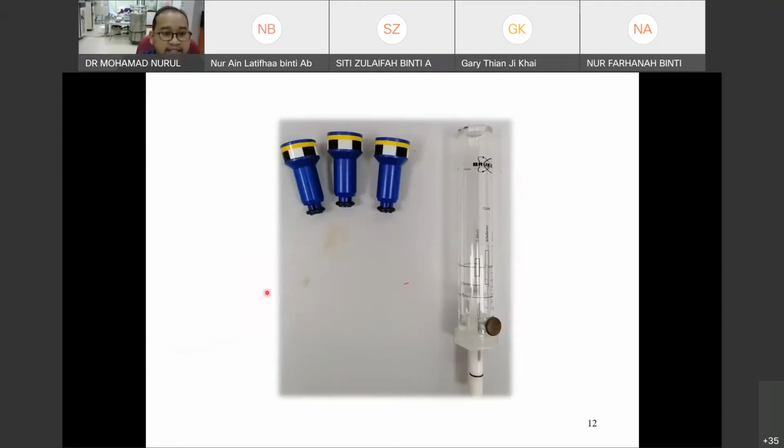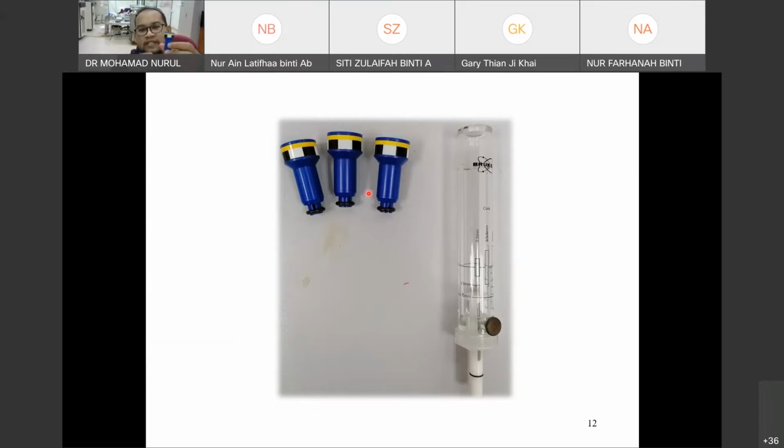Again, this is the spinner that we use. Why is the spinner colored black and white? Because in computer language, we use 0 and 1.